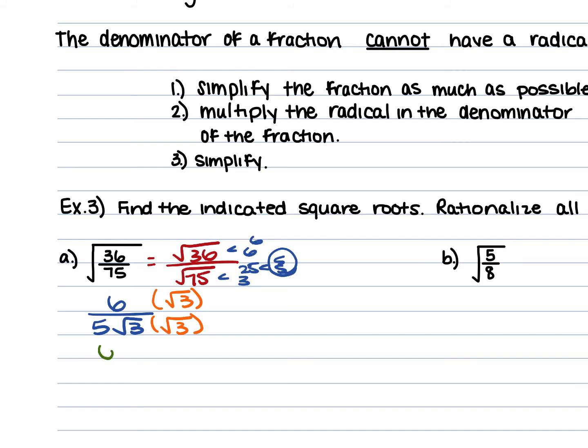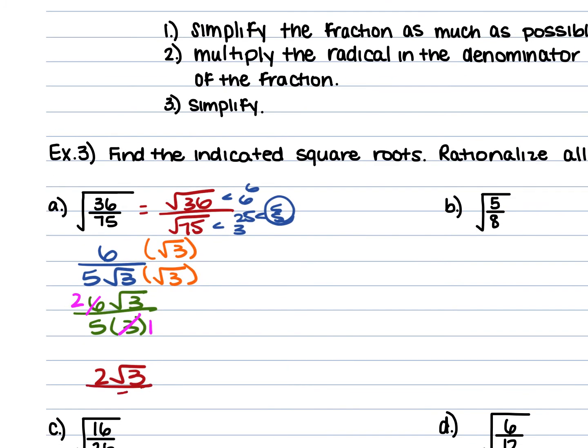So this is going to give us 6 square root 3 all over 5 times 3. The 5 times 3, you can multiply it. It would give you 15. You're still going to simplify that with the 6 in the numerator, and the 6 is going to become a 2, making that 15 a 5. So this just gives us 2 square root 3 all over 5.